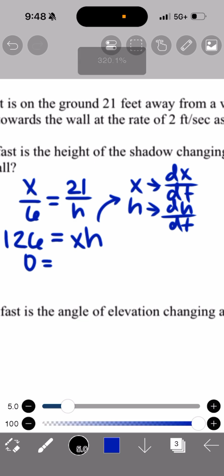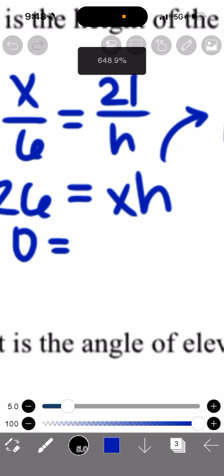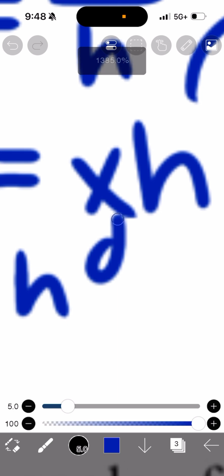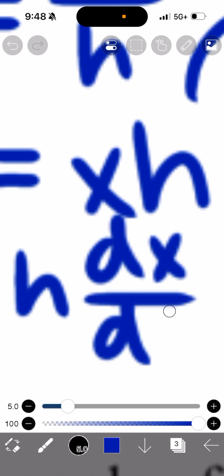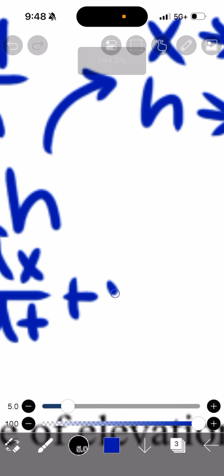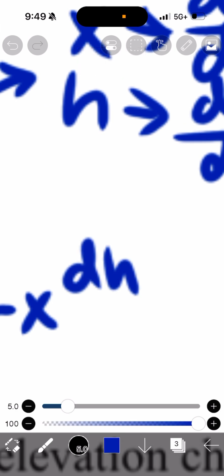So from the product rule, we get h times dx over dt plus x times dh over dt.